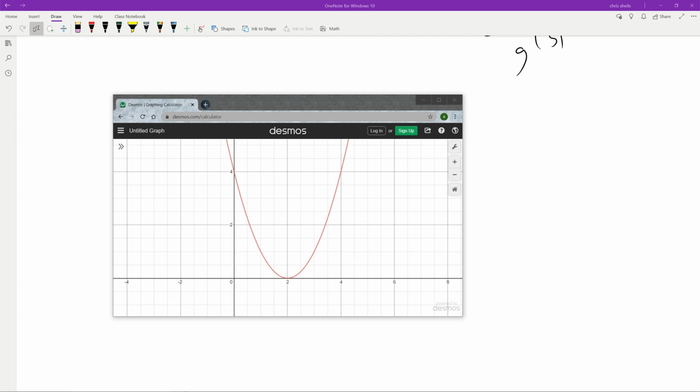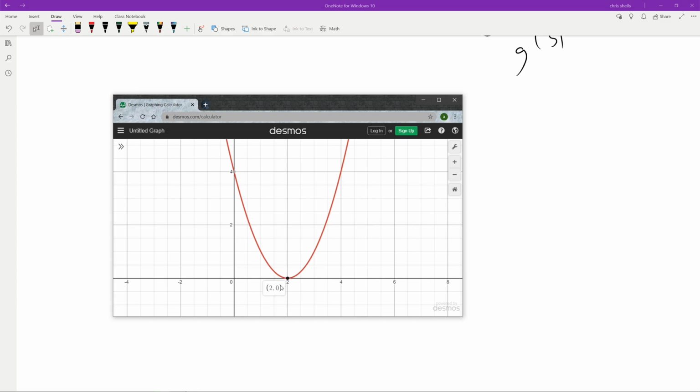So this is a transformation of the graph of f of x equals x squared, that toolkit function, the quadratic function. Notice here that normally my quadratic function has its vertex at 0, 0 at the origin. However, in this case, it has a vertex at the point 2, 0. So, as a result, this has been shifted to the right 2 units.